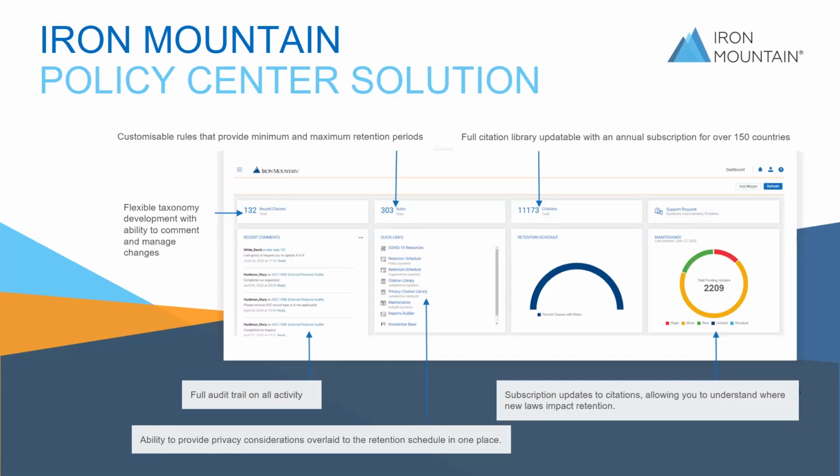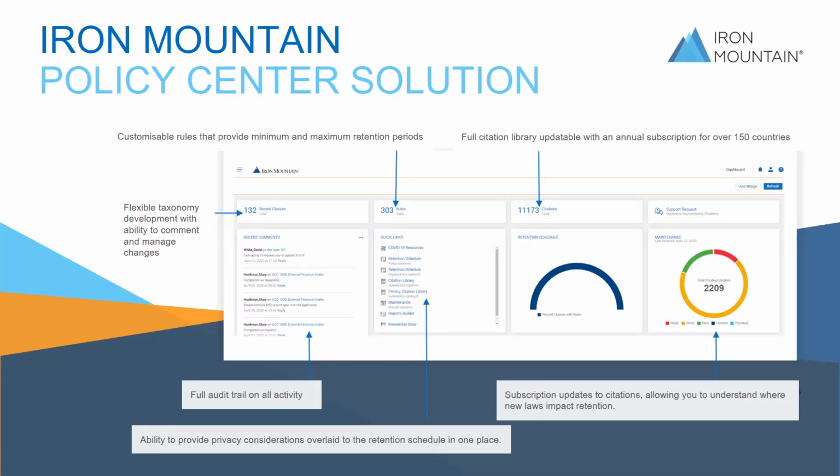And then you can customize your retention rules for each record class to suit the organization. For example, you can have rule sets at a global level or at a country-specific level, or you can create exceptions as necessary to accommodate different requirements across different jurisdictions for the same record class.